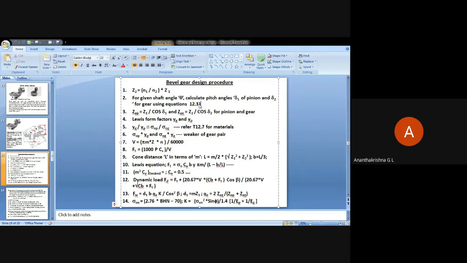Right angle is also on the same page. So 12.31, 12.31B, 12.32A, 12.32B. Page number 217.